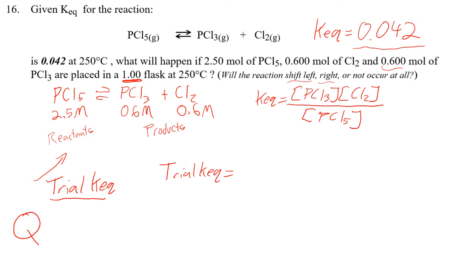So trial KEQ equals the concentration of our products, PCl3 and Cl2, so in other words 0.6 times another 0.6, over the concentration of our reactants, which is 2.5.